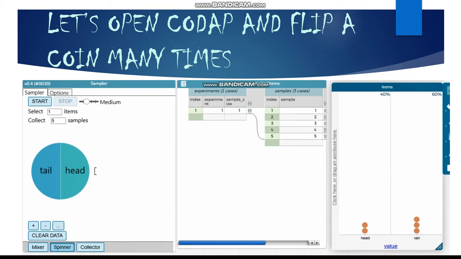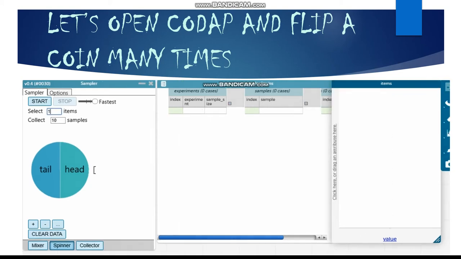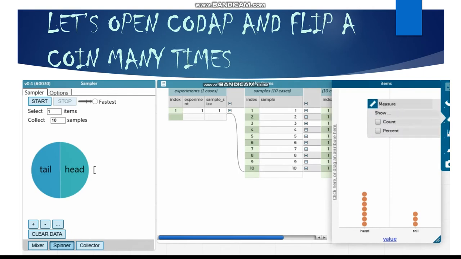Let's look at the other samples. For this one, I wrote 10 samples. Let's collect 10 samples. It collected 10 samples as you see, and it seems that for this one, getting head has more chance, which is 70 percent, and tail has 30 percent.